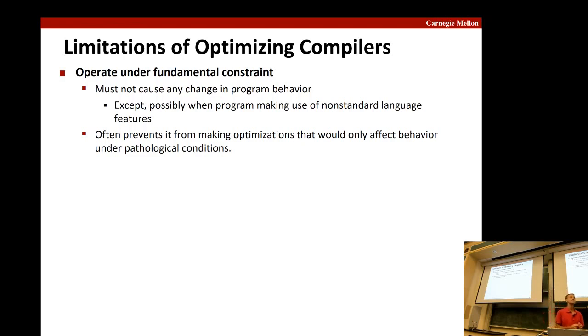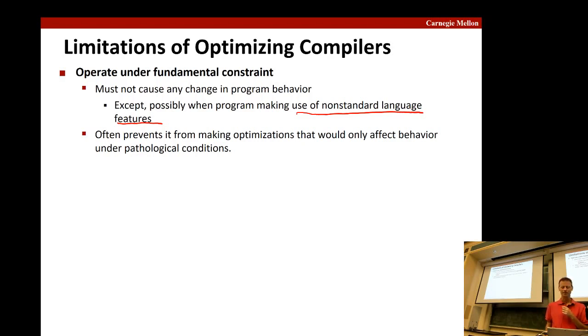So what are some of the limitations of optimizing compilers? Again, they have to be safe. So they have to take the information they know about your program and make transformations that don't break it. Now there's this one caveat, which is kind of fun. If you happen to write a program that uses some non-standard language feature, then the compiler is often allowed to do whatever.